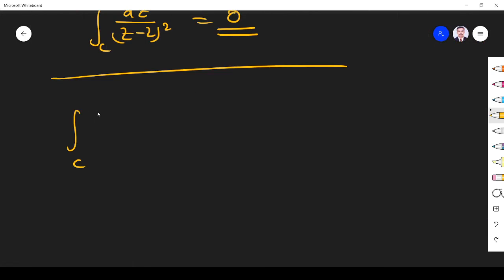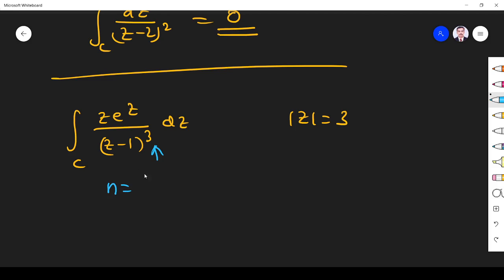The integral of z e power z divided by (z minus 1) whole cube dz, where mod z is equal to 3. So first we check whether z is equal to 1 lies inside. Yes, of course. So we can apply Cauchy's integral formula, and n plus 1 is equal to 3, so n is equal to 2.